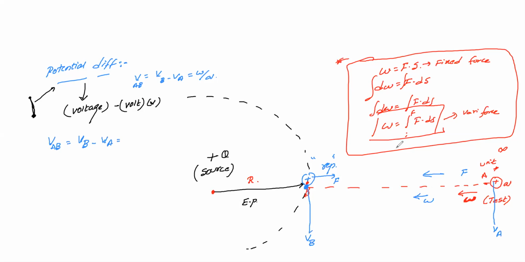The work is done from the infinite location to the positive terminal at the B point, which is at radius R. So it was varying from point A towards point B. Point A is your initial point, point B is your final point, which is equal to the work done between A and B divided by the test charge. Remember, this is your potential difference. VAB is equal to VB minus VA is equal to work done by charge.